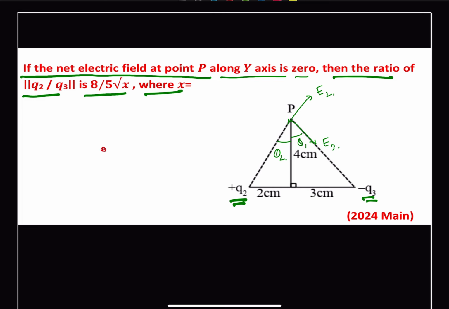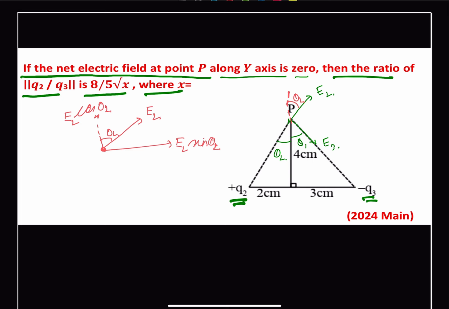So for that let us draw it here. This is point P. We have an electric field of E2, and this angle will be theta 2, so this will be our E2 cos of theta 2, and here we are going to have our E2 sine of theta 2.